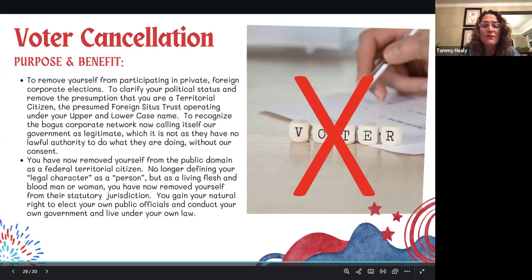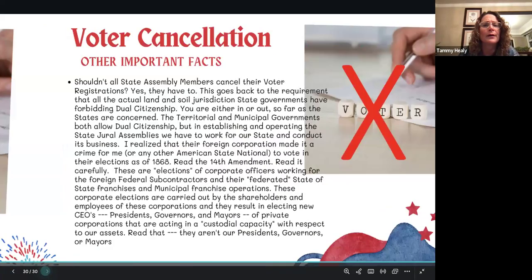You have now removed yourself from the public domain as a federal territorial citizen, no longer defining your "legal character" as a "person," but as a living flesh and blood man or woman. You have now removed yourself from their statutory jurisdiction. You gain your natural right to elect your own public officials and conduct your own government and live under your own law. Okay, we have just one more.